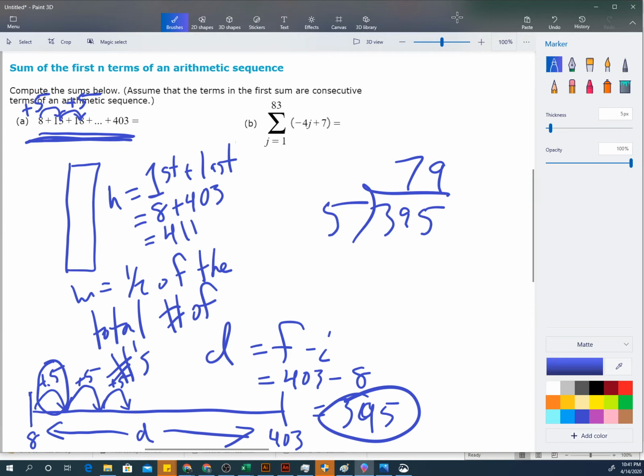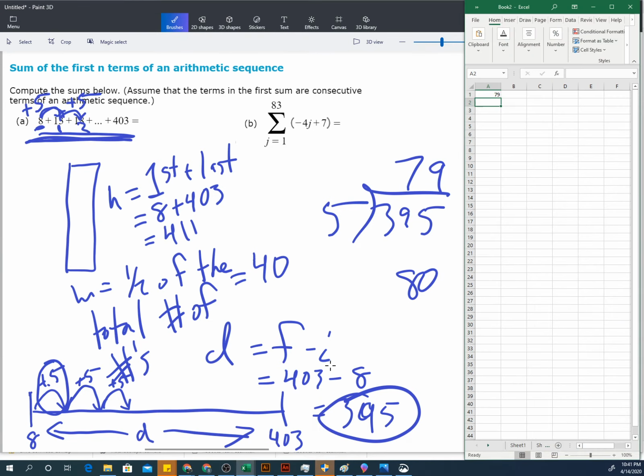That's not how many numbers there are that we're adding together, because it ignores our first number. And it counts this as the first change, second change. So we actually have 80 numbers, 80 times that we added 5 together to get to 403. And our width is going to be half of that number, so our width is going to be 40.